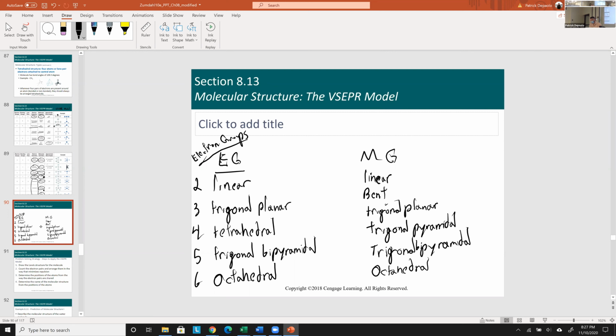And then low priority ones, we'll write seesaw, T-shaped, square planar, and square pyramidal.